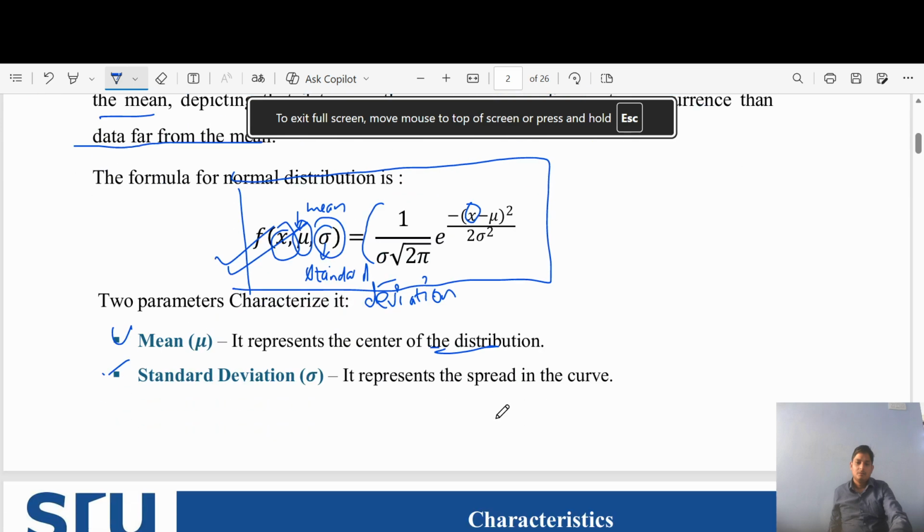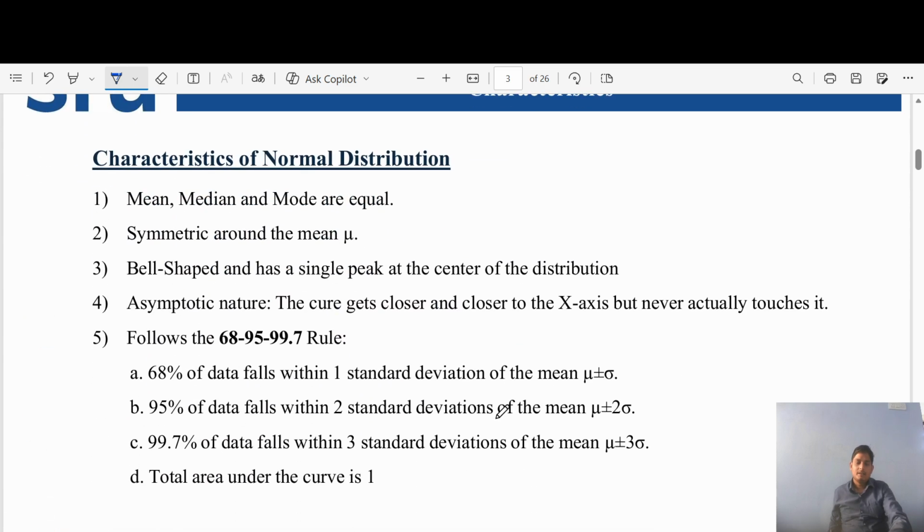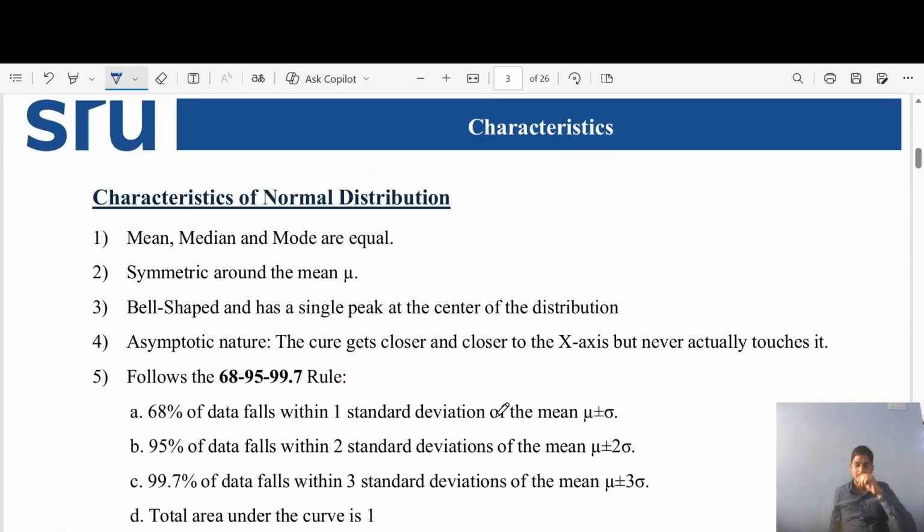Now we discuss further characteristics of the normal distribution curve. So what are the characteristics of the normal distribution curve? First of all, f of x comma mu comma sigma is nothing but 1 upon sigma root 2 pi e to the power minus 1 by 2 times x minus mu upon sigma, whole square.